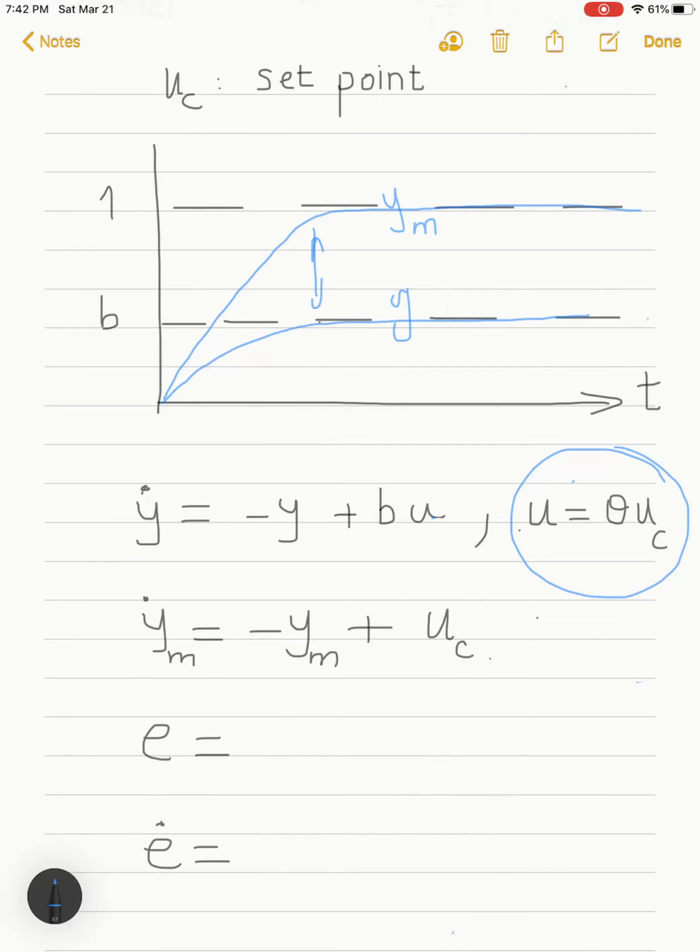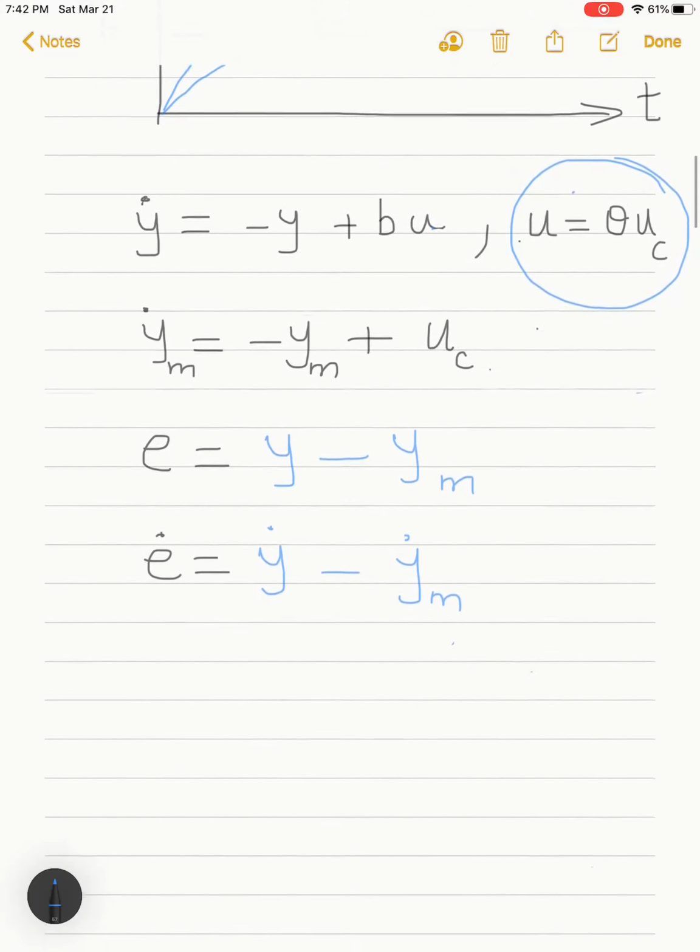The reference model equation is Ym dot equals minus Ym plus UC. I can define then the error signal as the difference between the actual output Y and the reference model Ym. And then I calculate E dot as Y dot minus Ym dot.